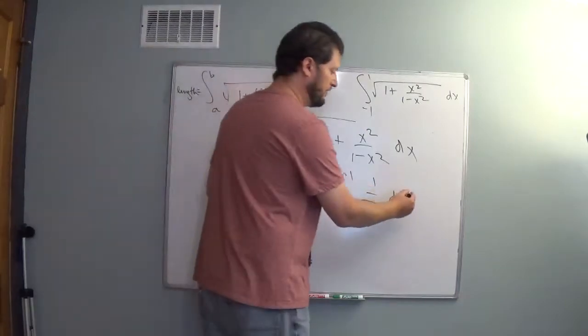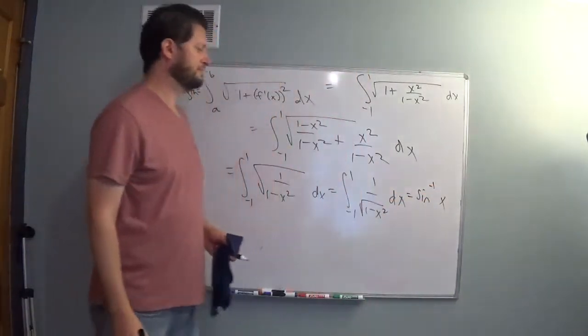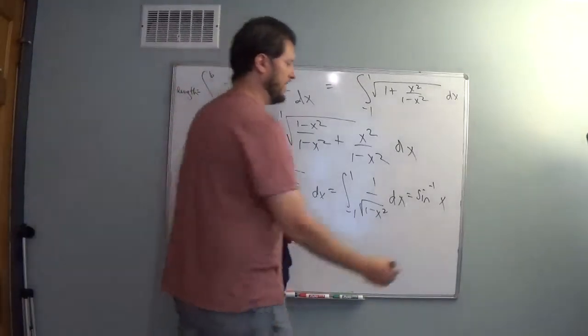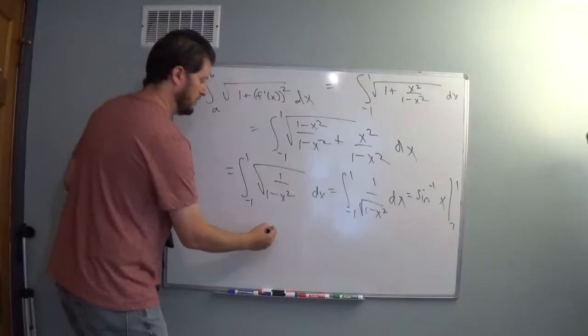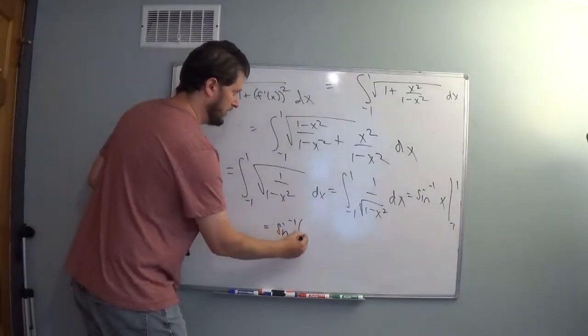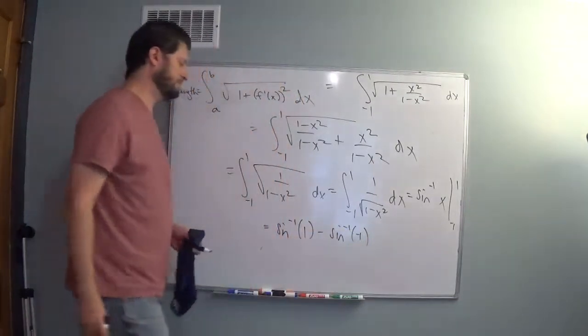So the antiderivative of this is sine inverse of x, evaluated from minus 1 to 1, which is sine inverse of 1 minus sine inverse of minus 1.